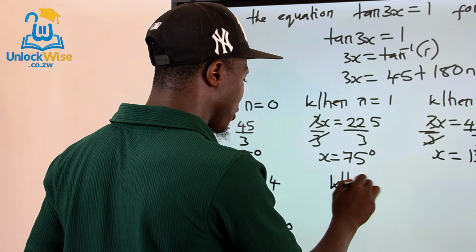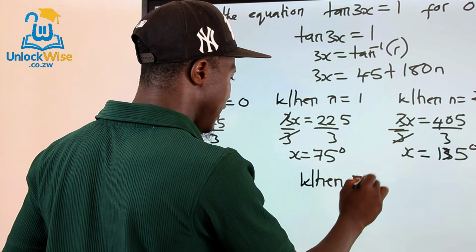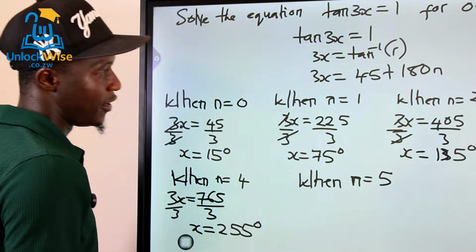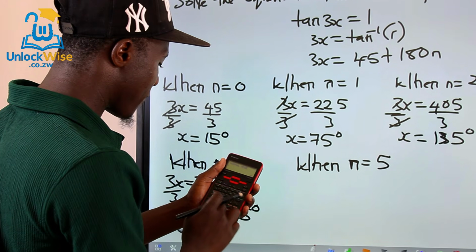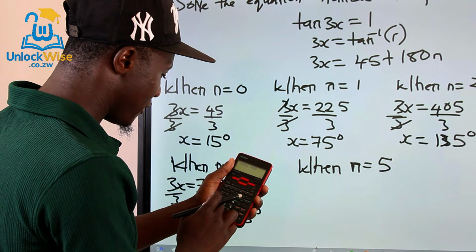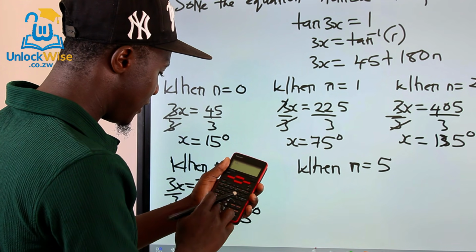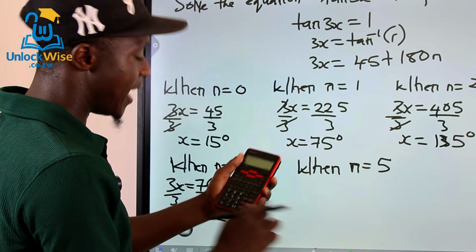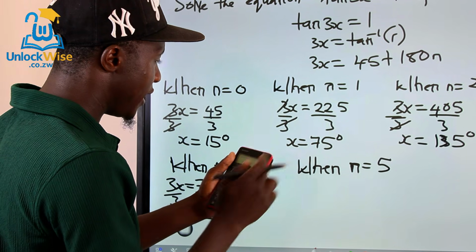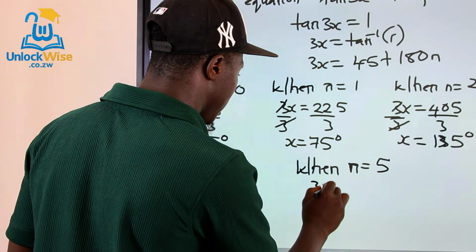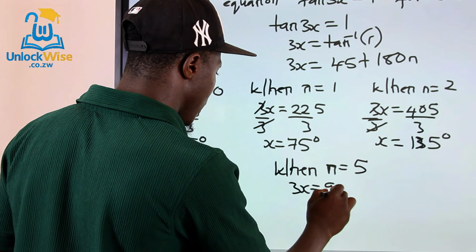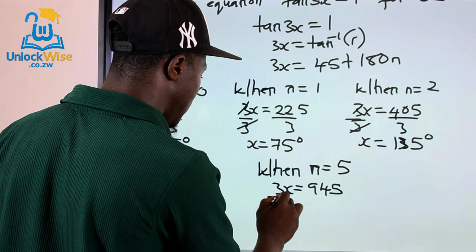What if n is equal to 5? When n is equal to 5, we're going to say 180 times 5. We get 900. 900 plus 45, we get 945. So I'm going to say 3x is equal to 945. Let's divide by 3.